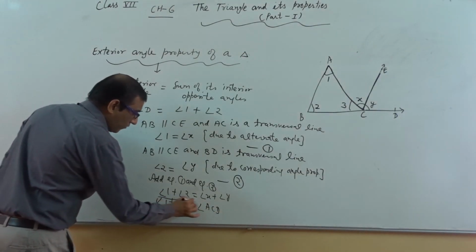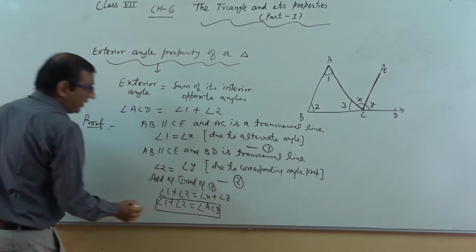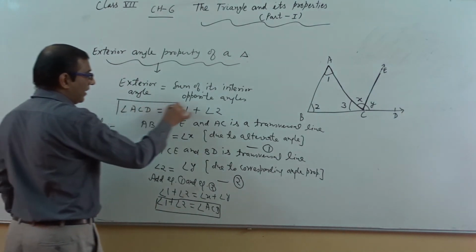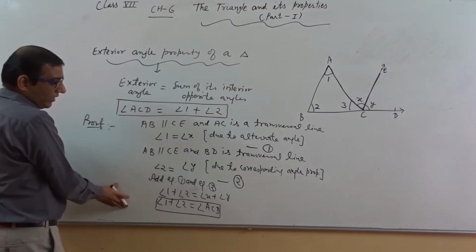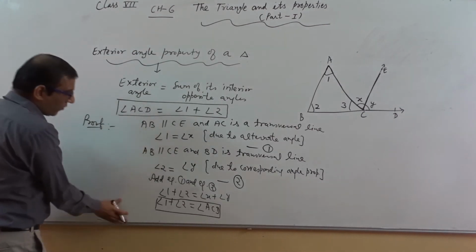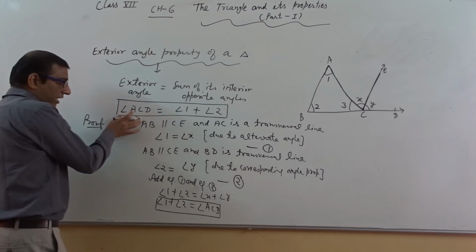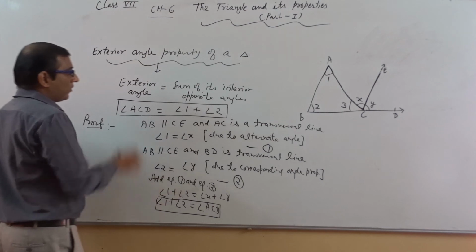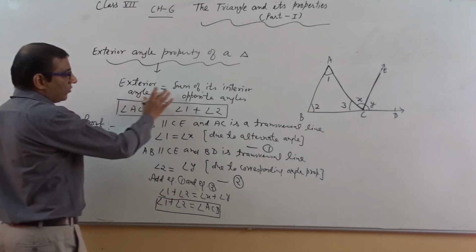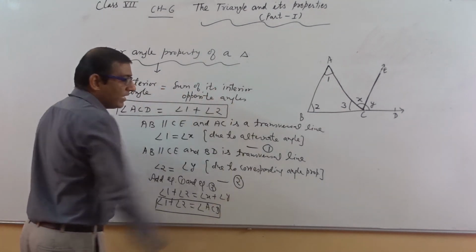So this is the proof of this property. As I said, angle ACD is equivalent to angle 1 plus angle 2, and on behalf of this procedure we can say this exterior angle ACD is equivalent to angle 1 plus angle 2, or we can say exterior angle is equivalent to the sum of its interior opposite angles.